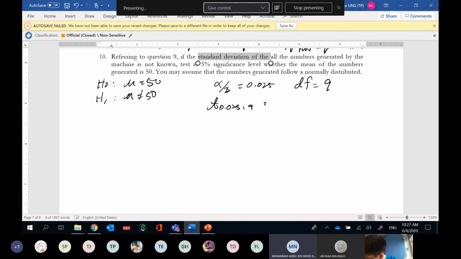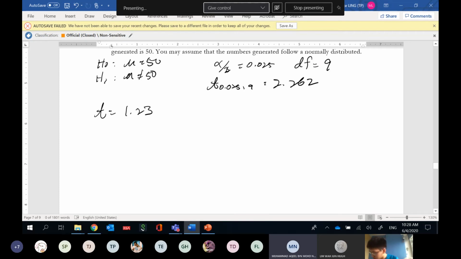What is the critical value? 2.262. Yes, 2.262. Okay. And your t statistic? 1.23. 1.23, correct. Okay, then what is your conclusion? Since the t value is less than the t critical, we fail to reject H null at the 5% significance level.